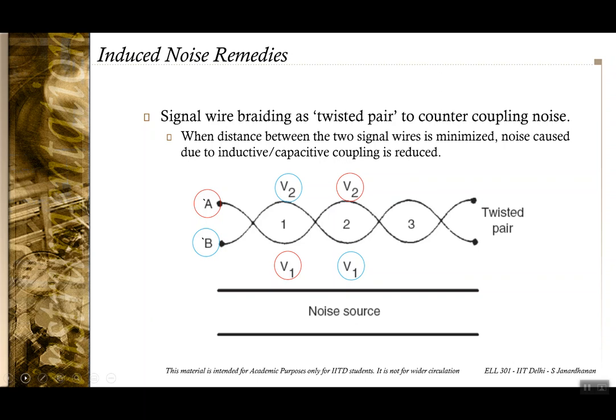So the two signal carrying wires are physically close together, which would mean that any series mode error is going to affect both these wires A and B equally. So in effect, at the measurement instrument's end, there is not going to be any error that is caused due to the coupling. So that can be minimized in that sense.